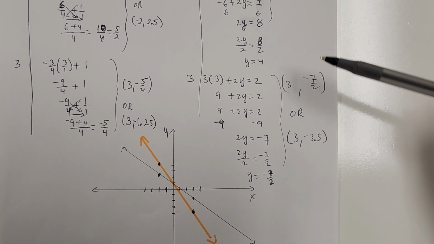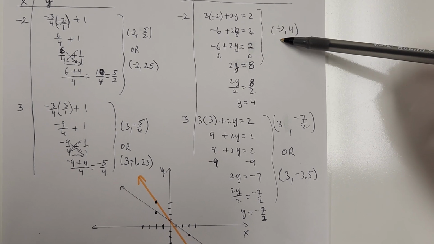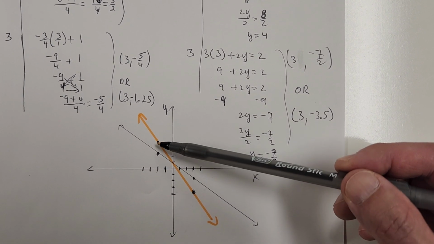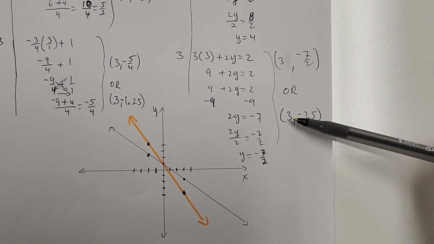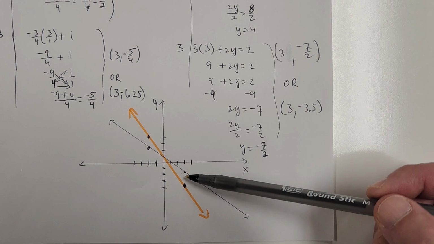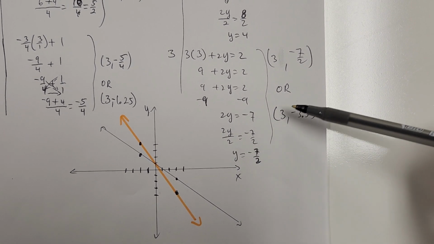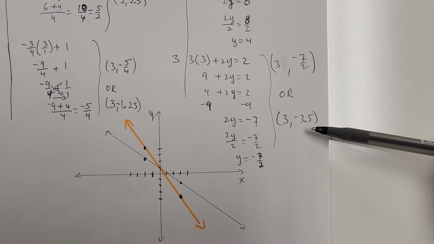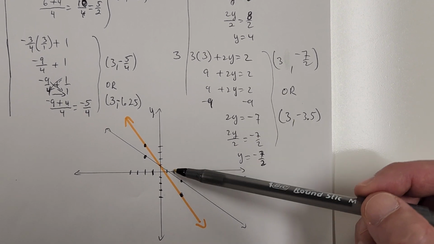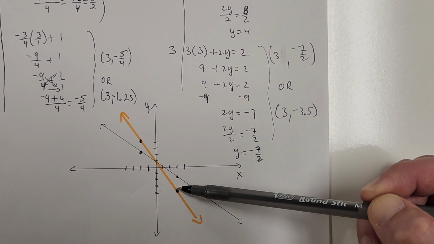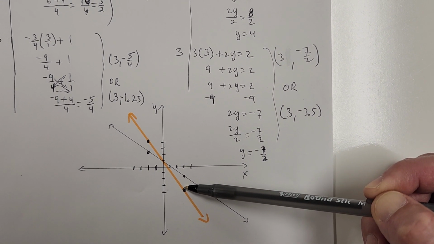Next, the point is -2, 4, so -2 is right here, go up 4, and the next point is 3, comma -3.5, so 3, and then down 3.5.